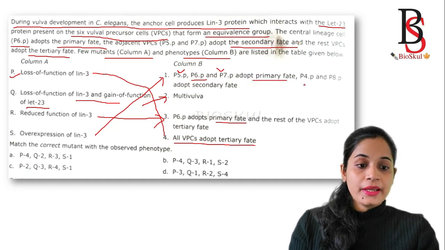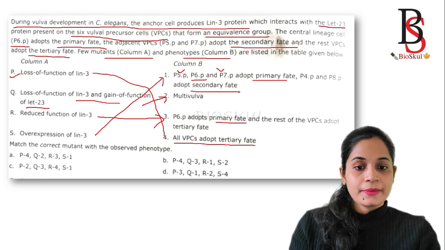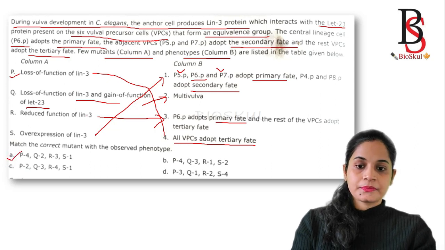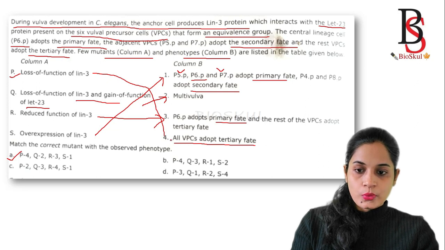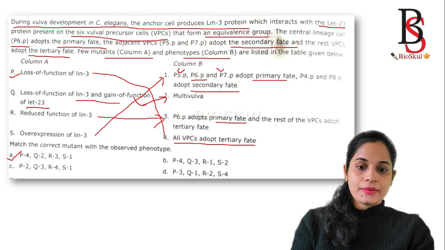And P4 and P8 will adopt the secondary fate. So the correct answer is option A, right? P is 4, Q is 2, R is 3, and S is 1. Okay.